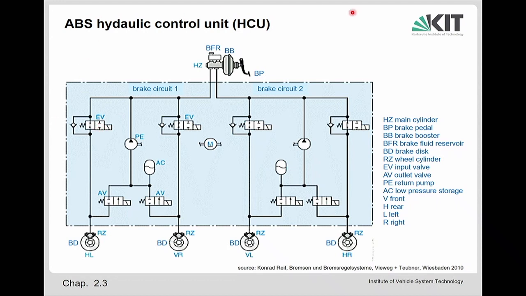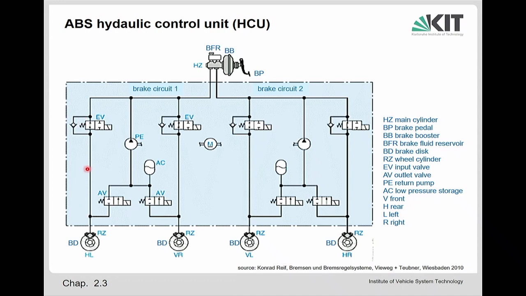Yes. If the brake pedal is released during operation of the ABS system, let's assume that the ABS system has closed this valve here. This would mean that there is no connection anymore between the main brake cylinder and the wheel brake. So we have a high brake pressure here, and if the driver decides to stop braking, then he can release the brake pedal, and then this pressure will be reduced.